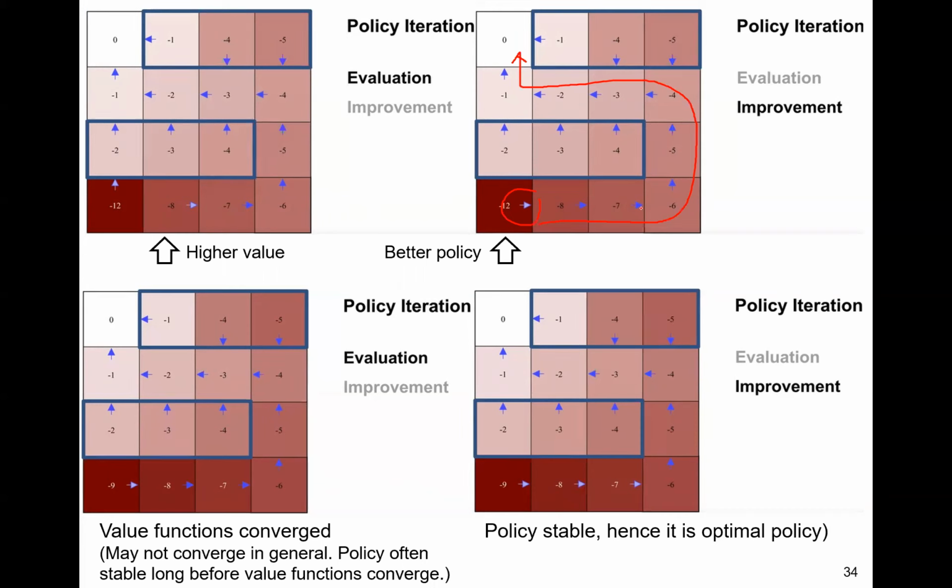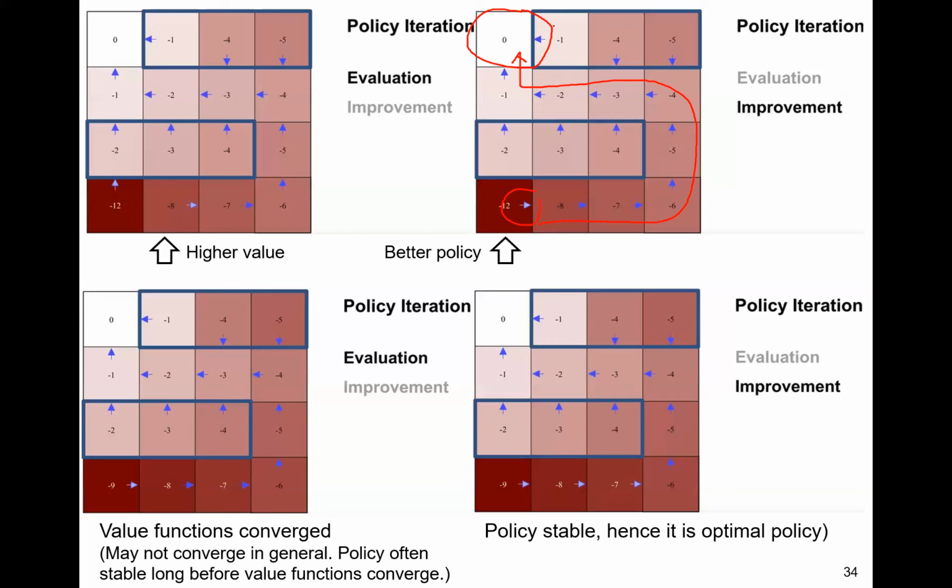So you can think of the terminal state as the source of the reward. So its effect will gradually propagate throughout the grid. So after the first iteration, it has propagated to cover the top half of the grid.